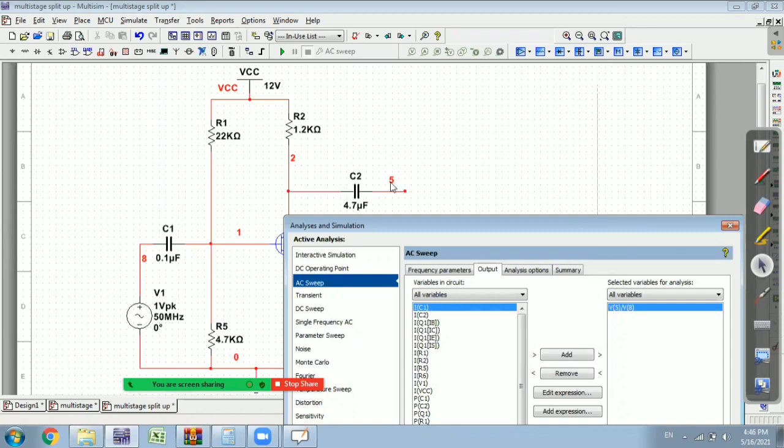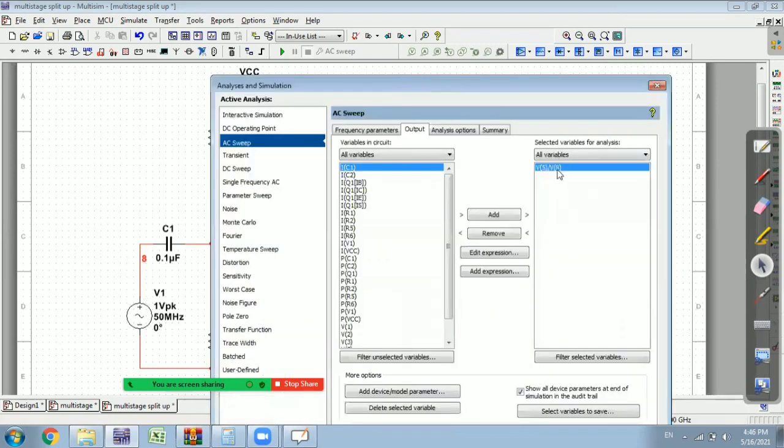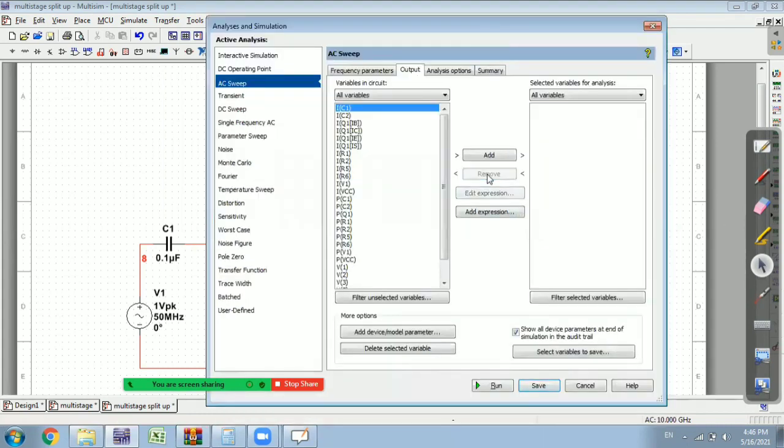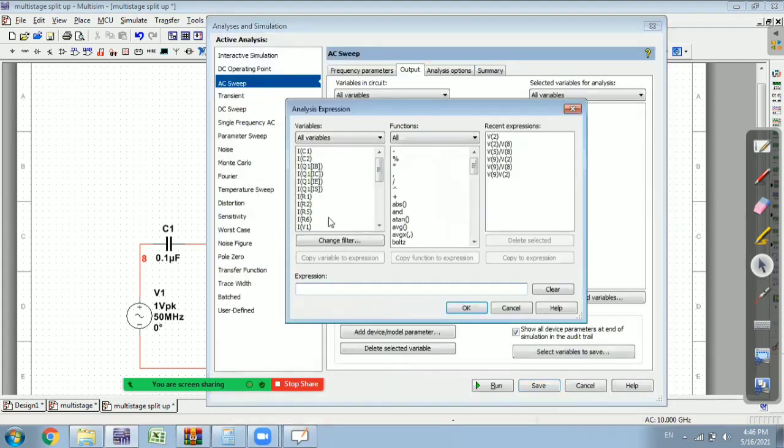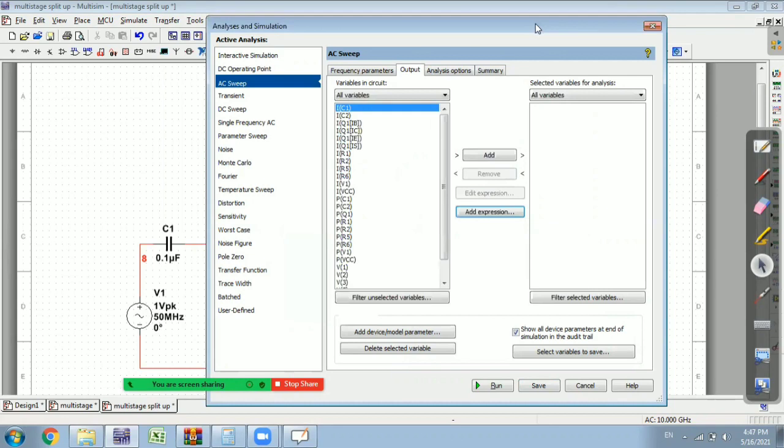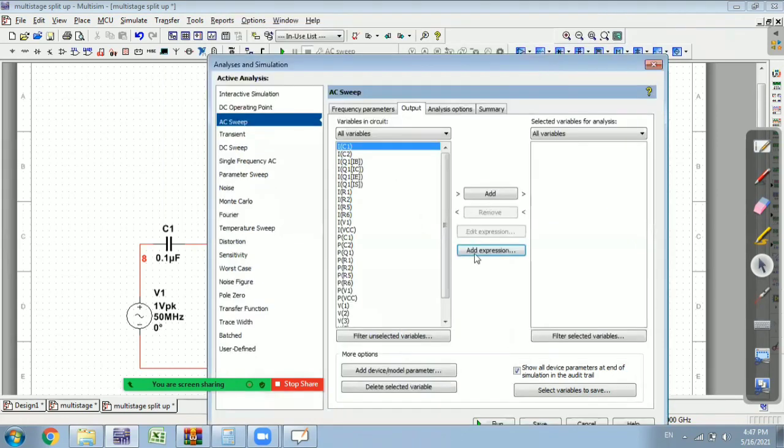Here, my output is V5 divided by input V8, voltage at node 8. So V5 divided by V8. I will redo this, remove this expression, and add it. It is V5 divided by V8.